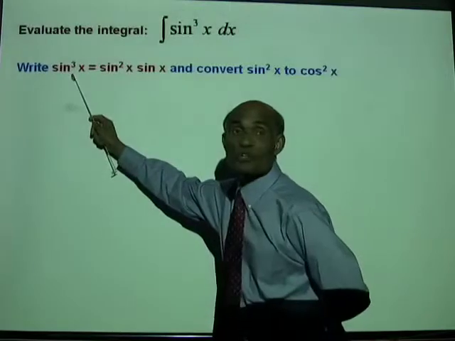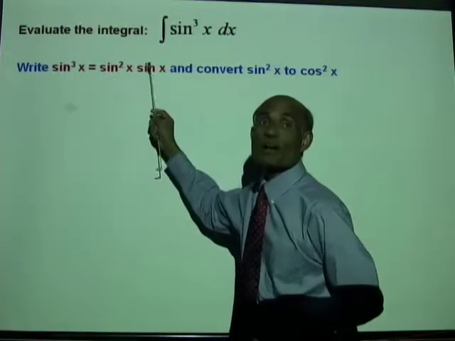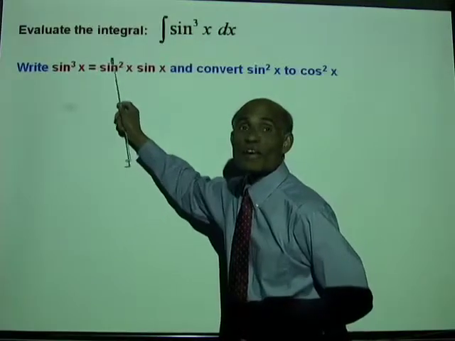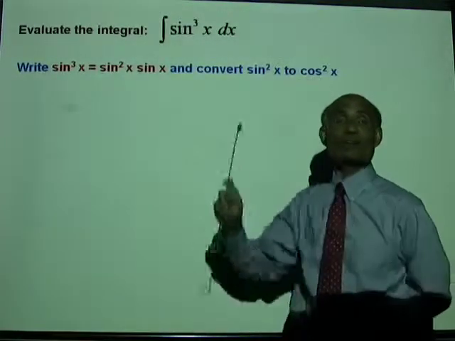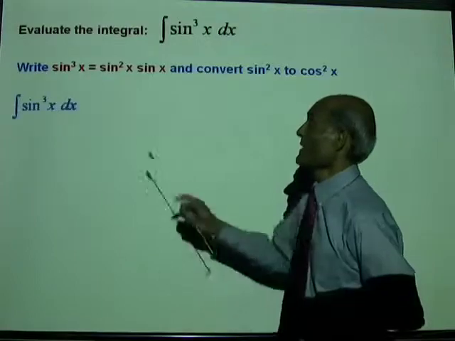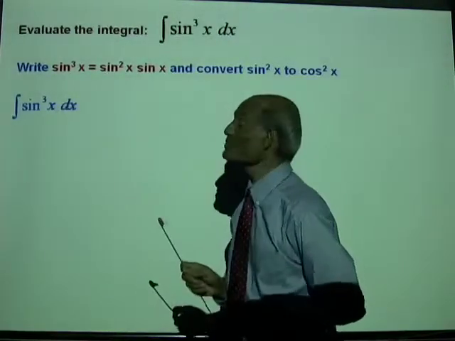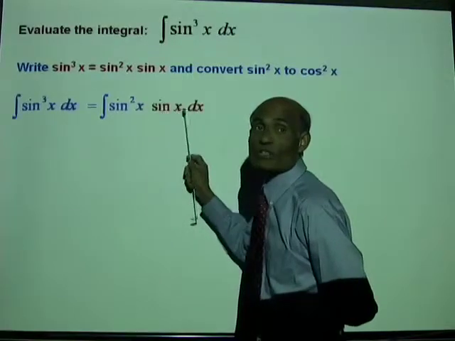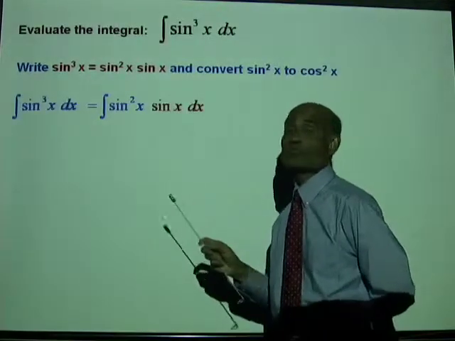We write sine cube x equal to sine squared x times sine x and then convert this sine squared x to cos squared x. Alright, that will be integral sine cube x equals integral sine squared x times sine x dx.